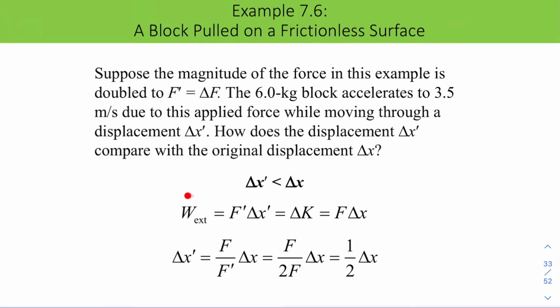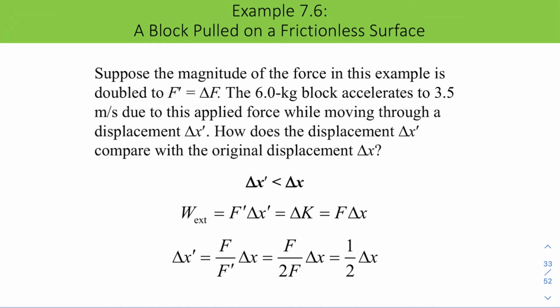W external, when we have F prime, we calculate it by using F prime delta x prime, which is equivalent to delta K. And delta K is equivalent to F delta x, because the delta K won't change.